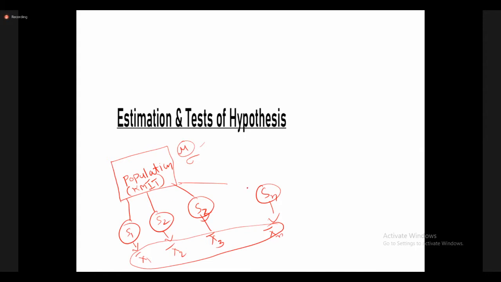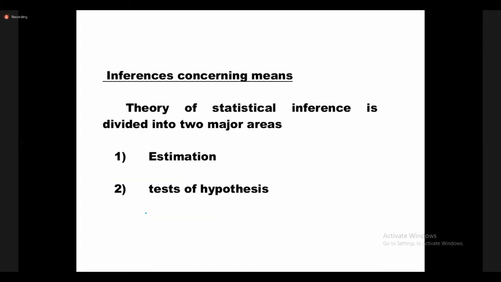By using random samples data, we are estimating population parameters mu and sigma. Here, you see inferences concerning means.